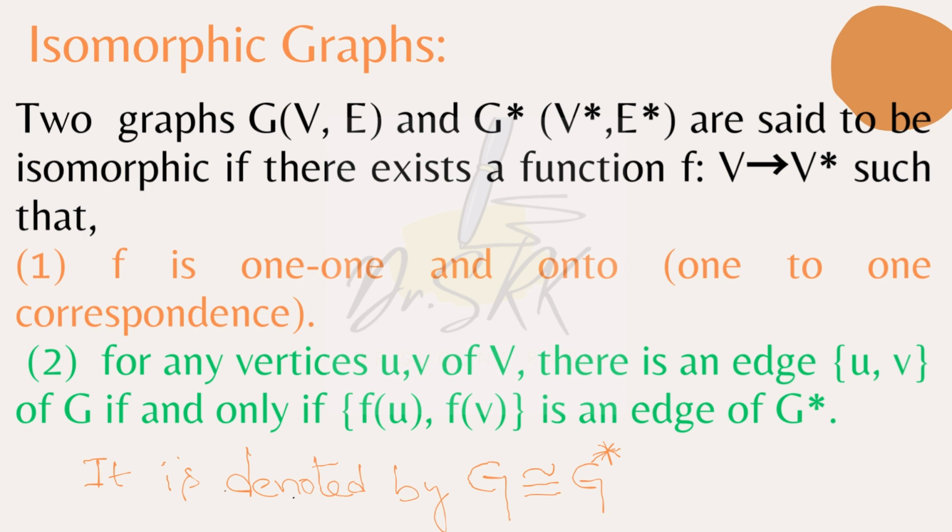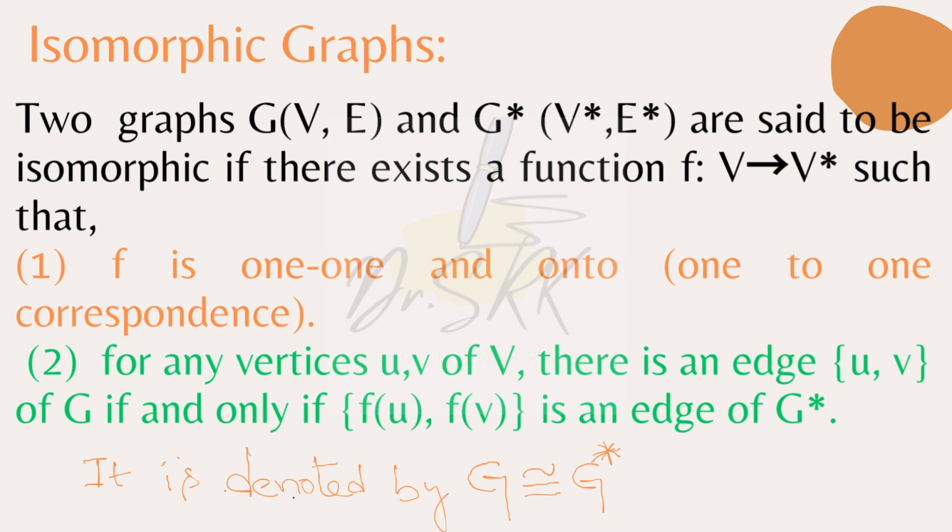The second point is for any vertices u, v of the vertex set V, there is an edge uv of the first graph if and only if there is an edge of their images of uv, that is f of u, f of v, in the second graph G star.